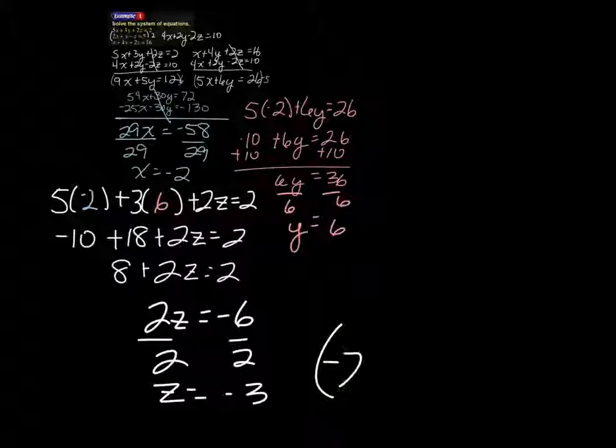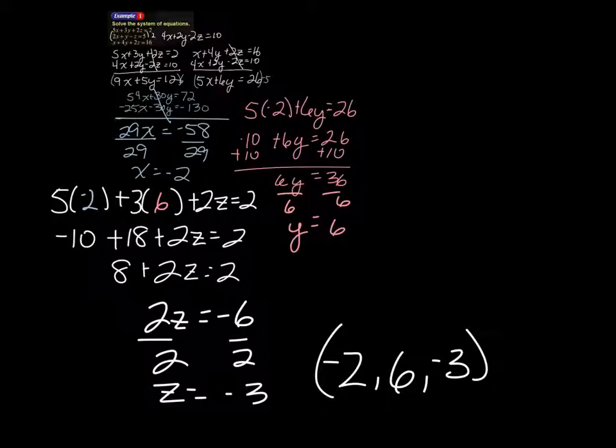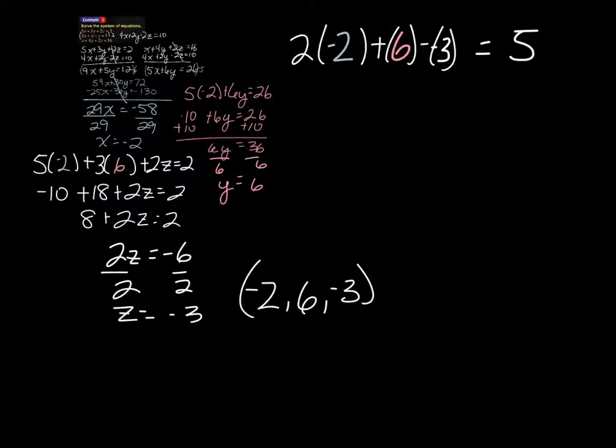Okay, so we had x is negative 2, y is 6, and z is negative 3. Now I want to check it in the other equations to make sure it works there as well. In the second equation, we've got negative 4 plus 6 minus negative 3. So plus 3, I hope, equals 5.